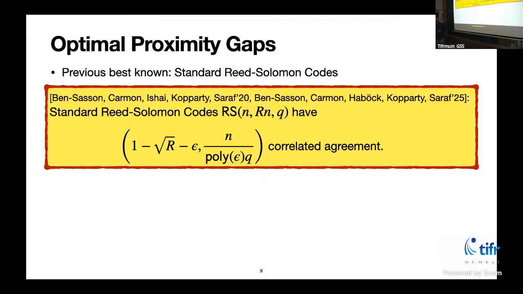This 1 minus root r quantity might seem strange if you have not seen it before, but it is the Johnson radius, up to which we know list decoding for Reed-Solomon codes. I'll talk about it in a bit. Initially they needed n squared field elements; now it has been improved to n over poly epsilon field elements, such that if these points along the line are close, then the entire line is close.